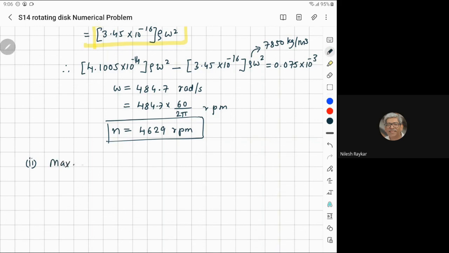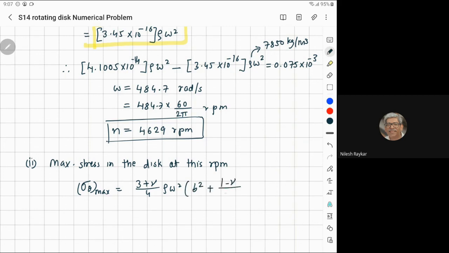So the maximum stress in the disc at this RPM would be given as sigma theta max, which is 3 plus nu divided by 4 rho omega square into b square plus 1 minus nu by 3 plus nu a square, and it happens at r equal to a.